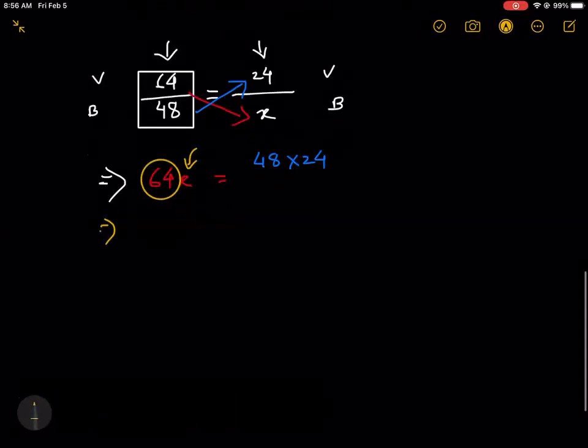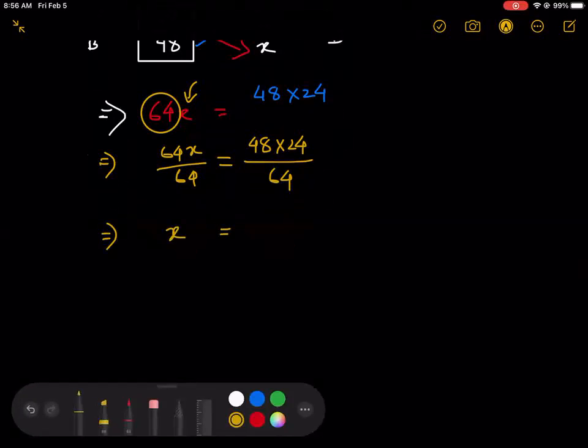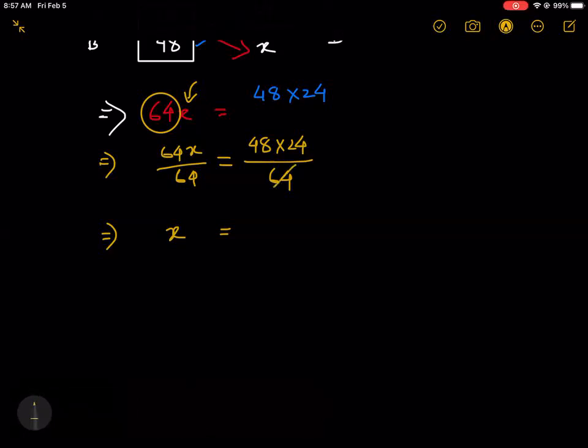So clearly it's going to be, let me write it for you. Clearly it's going to be 48 over 64. So finally, if you solve it, you'll get 64, right? So it's 8 times into this, and it's 6 times into this.